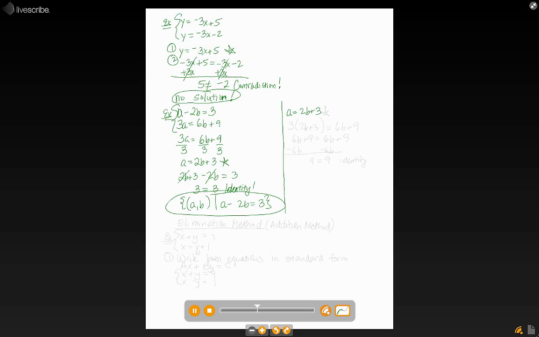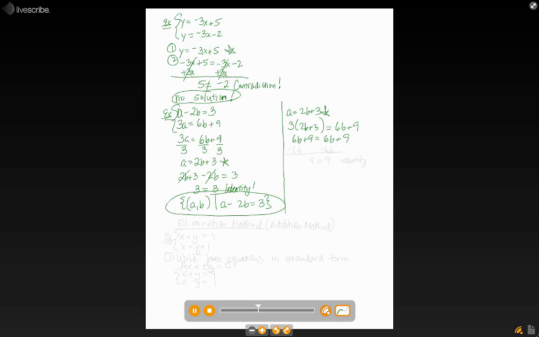And then when I replace this A with it, with parentheses, 2B plus 3 equals 6B plus 9. Everybody see? I've just replaced A with 2B plus 3. This is my new star equation. Then, when you distribute, you get 6B plus 9 equals 6B plus 9.